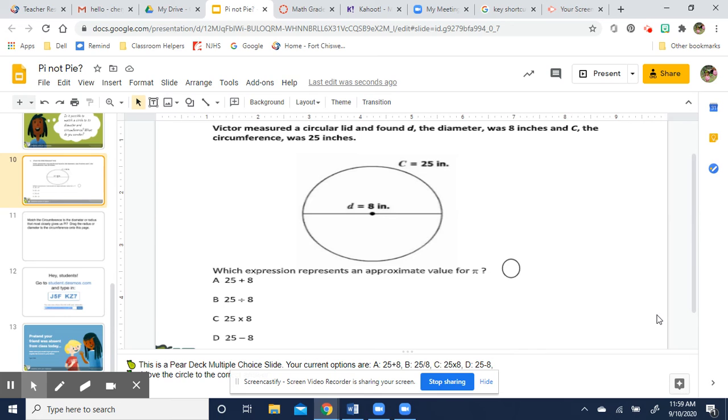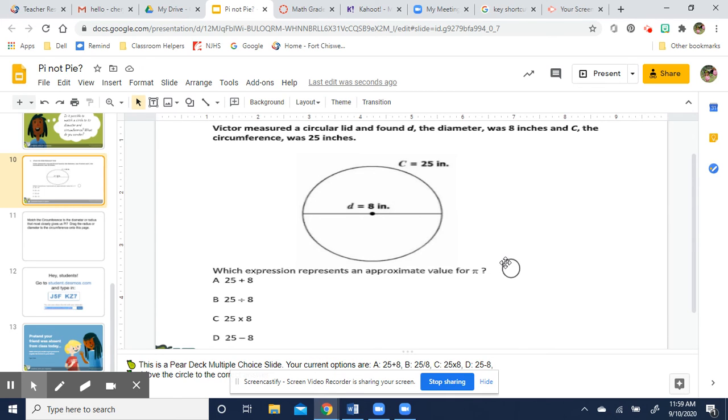So A reads 25 plus 8. B reads 25 divided by 8. C reads 25 times 8. And D reads 25 minus 8. So you need to move your circle to the correct one. And remember, it is circumference divided by diameter.